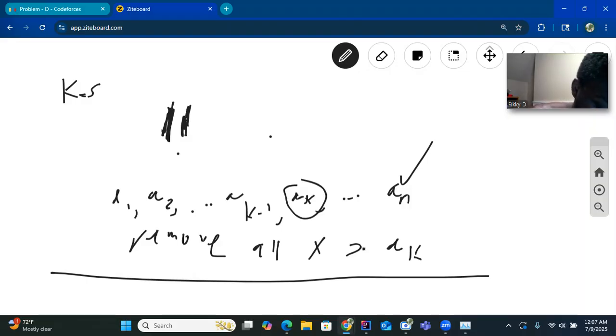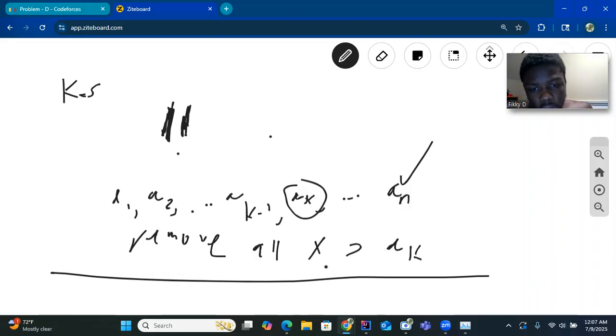I can remove all those elements because it's a possible operation. I already showed you that you can remove all the instances of an element, like the max, and then you can still have a palindrome. So that's what you do: remove all x greater than ak.